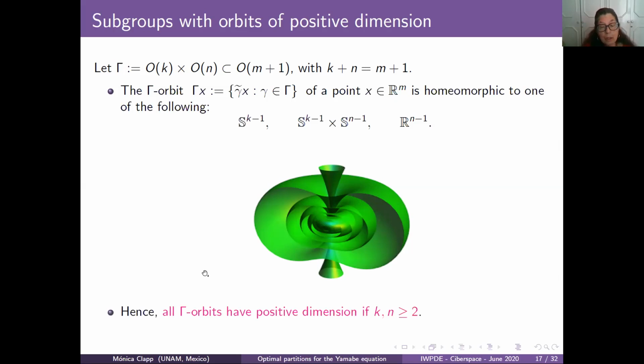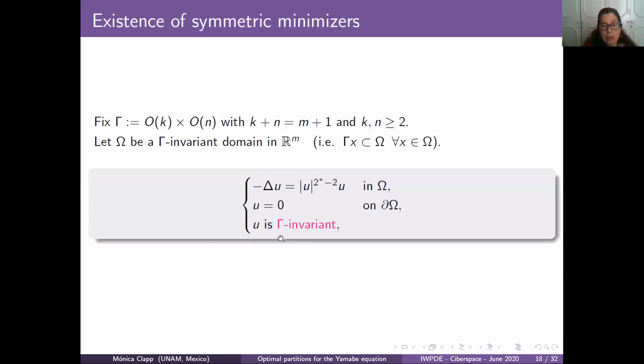The nice thing about this action is that if you take k and n larger than or equal to 2, then every orbit is a manifold of positive dimension. There are no orbits that consist of a single point. Now if you look for solutions which are Gamma invariant, that means functions which are constant on each of these orbits, they cannot blow up, because blow up for the critical exponent occurs only at points.